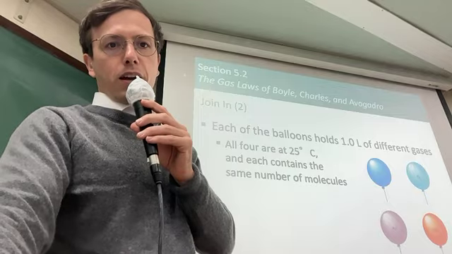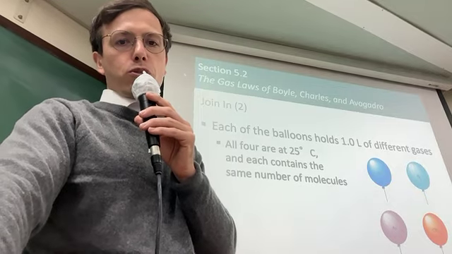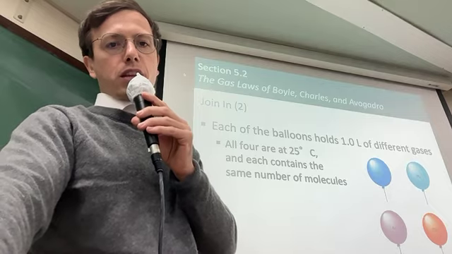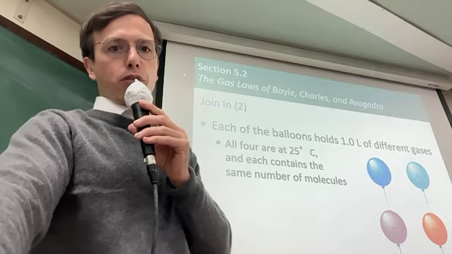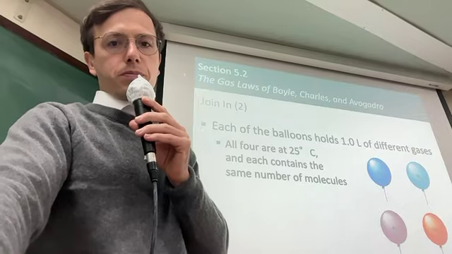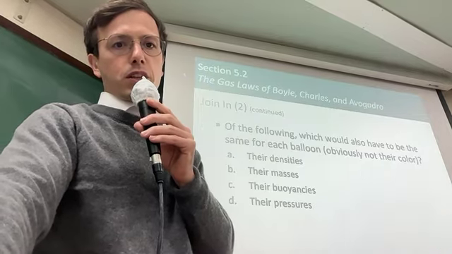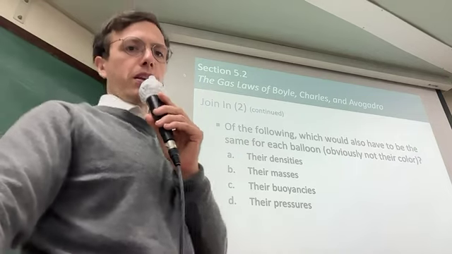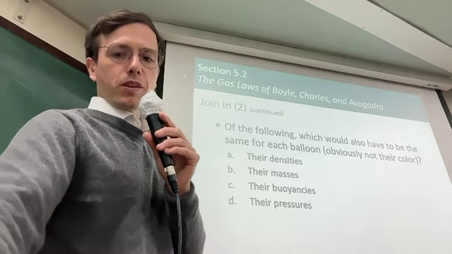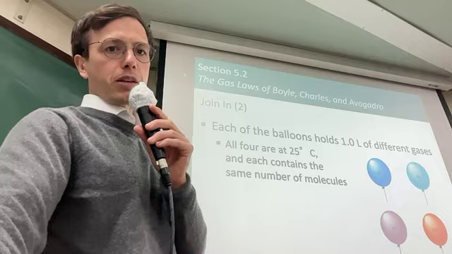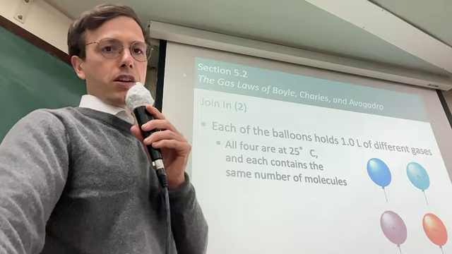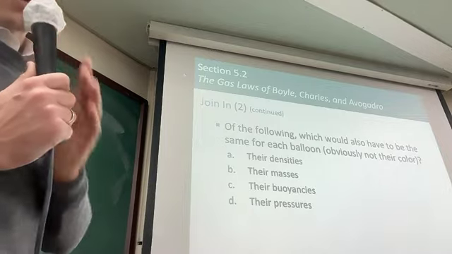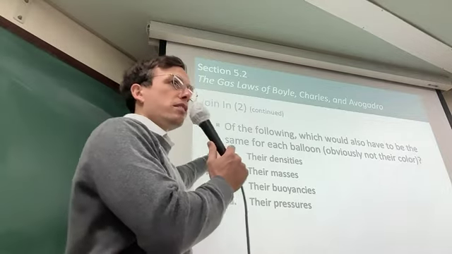Okay, each of the balloons holds 1 liter of different gases. All 4 are at 25 degrees and each contains the same number of molecules. Of the following, which would have to be the same for each balloon? I'll just show you this one more time, right? Okay, same temperature, same number of molecules. What has to be the same? A, densities.